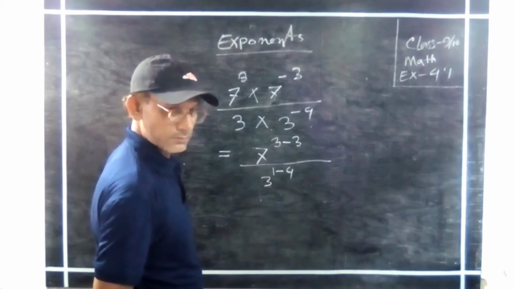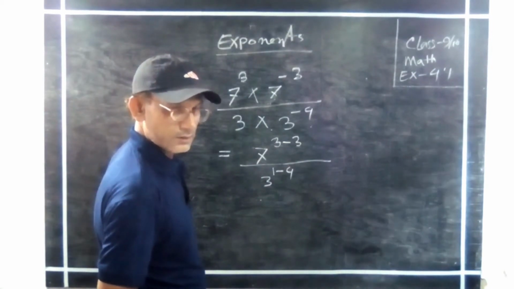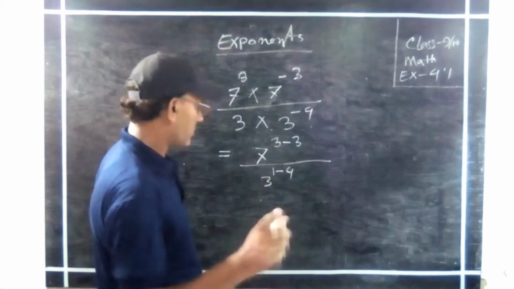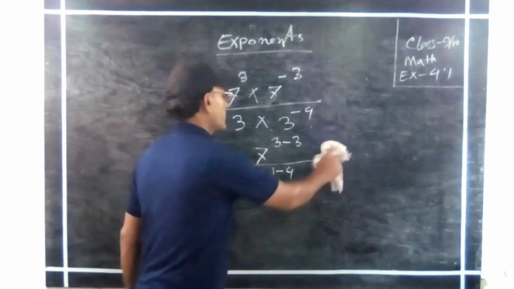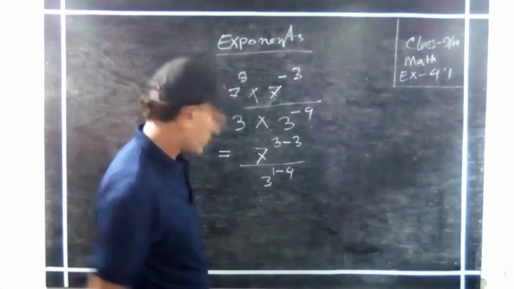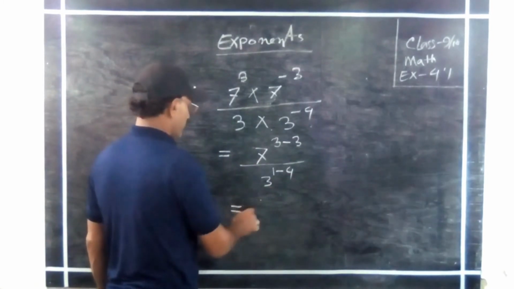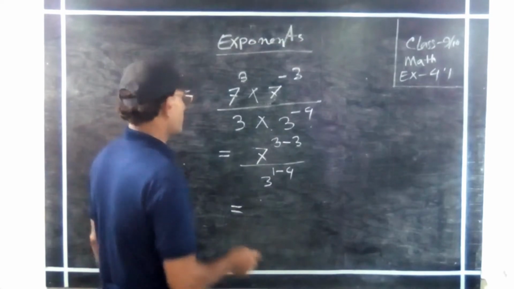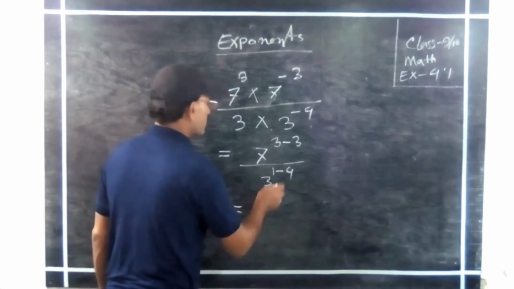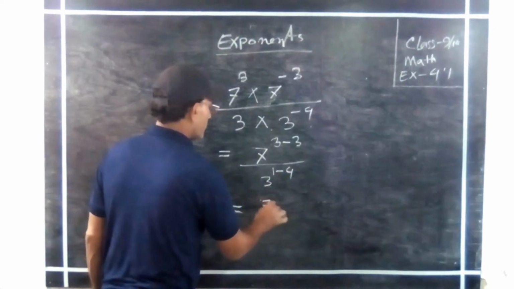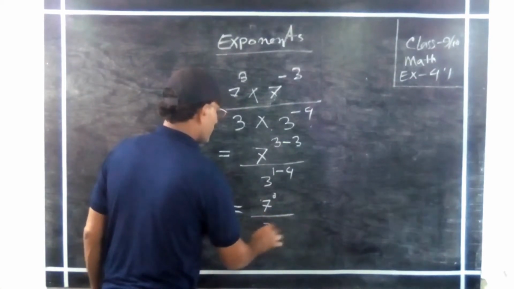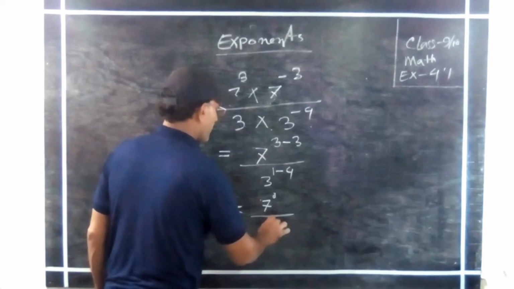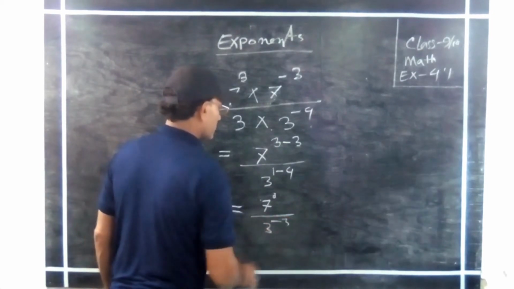Okay? Understand? Yes, it is very easy. So, attention please. 7 to the power 0 divided by 3 to the power minus 3.